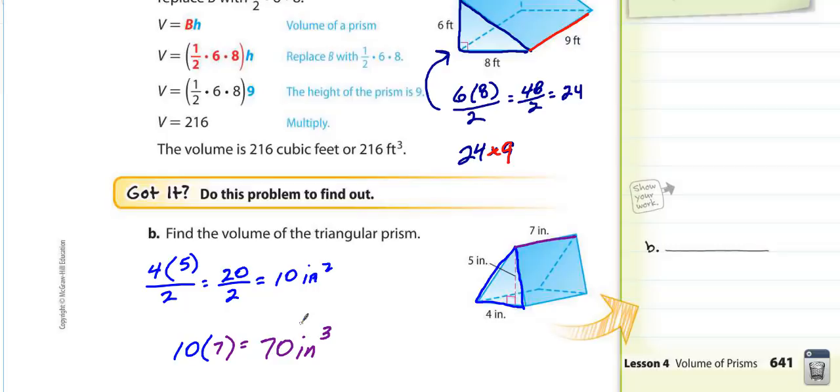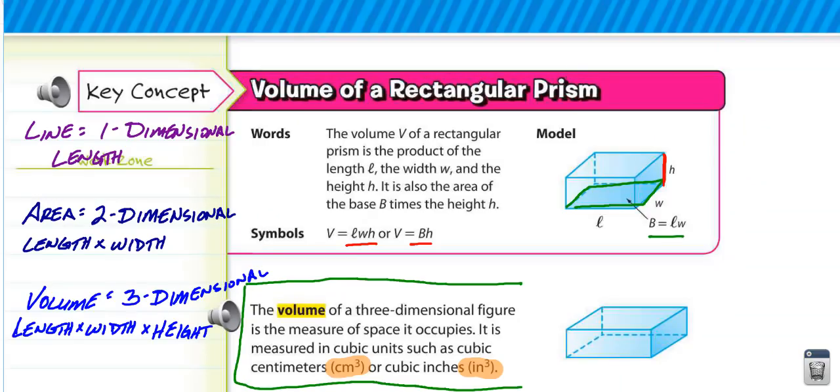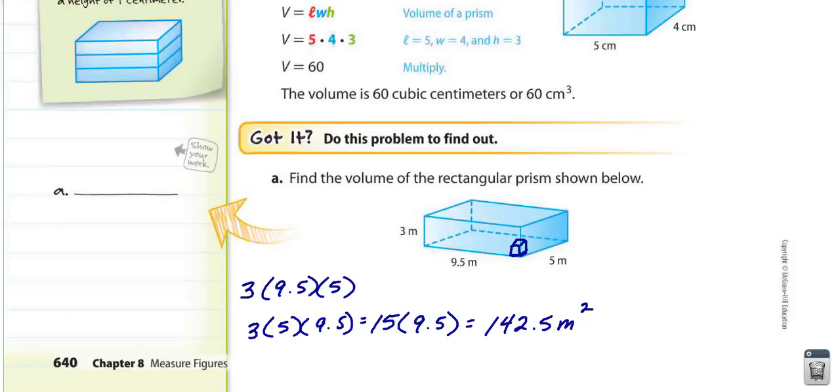Okay, before we move to the next page, let's go back a page real quickly, because I realized as I was writing for the triangle that it was inches cubed. I realized I made a mistake back here. When I wrote my final answer, I wrote that as meters squared, and I should not have written that as meters squared.